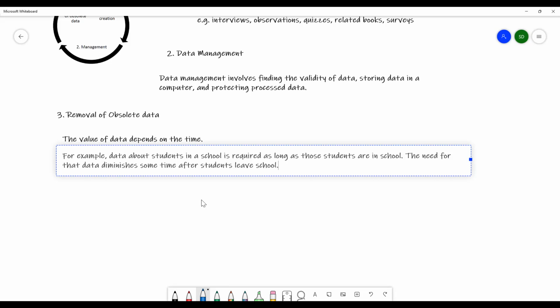Now, similarly, rainfall data is another example, right?